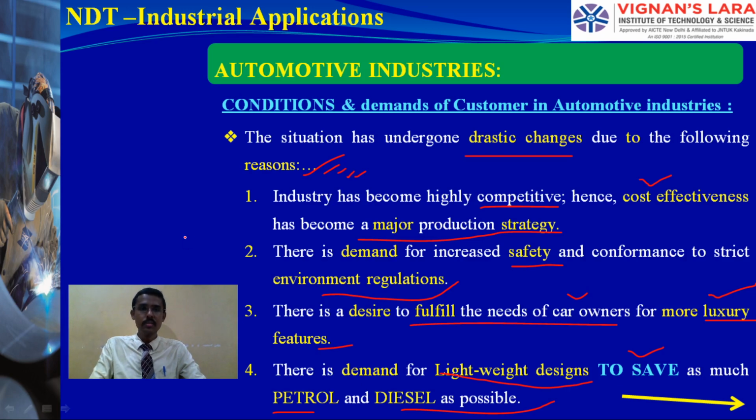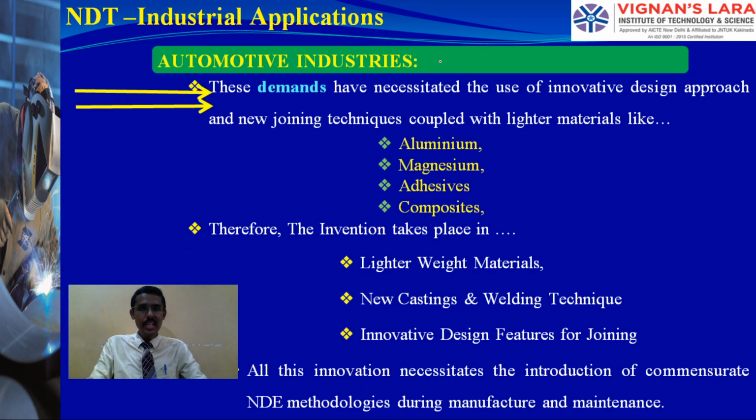These demands have necessitated the use of an innovative design approach. It means we have to use new lightweight materials, such as aluminum, magnesium, or lightweight materials we are adding in the automobile industries, in cars and bikes. So new joining techniques were also developed. For new materials, the old joining methods will not be helpful.